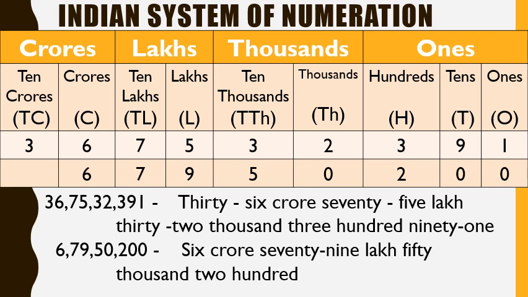First one, 36 crores, 75 lakh, 32,391. Second one, 6 crore, 79 lakh, 50,200.